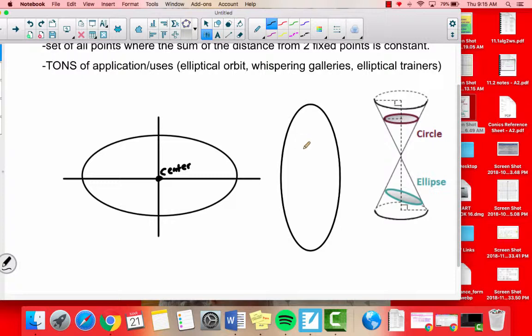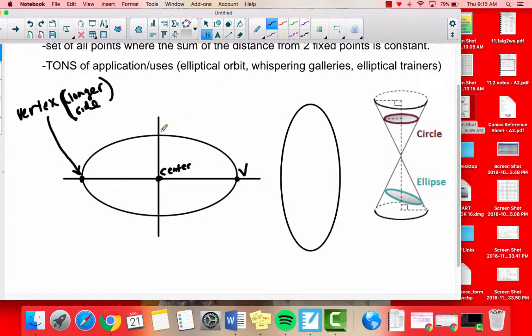And then the second part we're going to talk about are the vertices. The vertex, or the vertices, are 2 points on the ends of your ellipse, and we're going to label them with V's. Those are always going to be on the longer side, and we call that longer side the major axis.